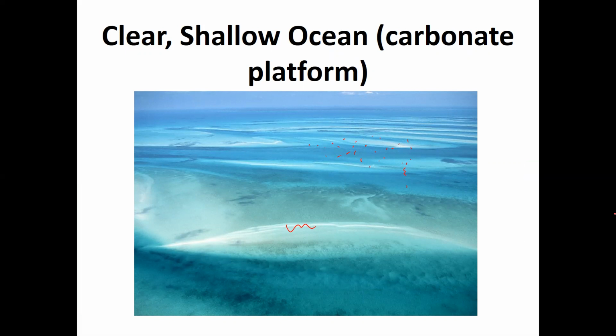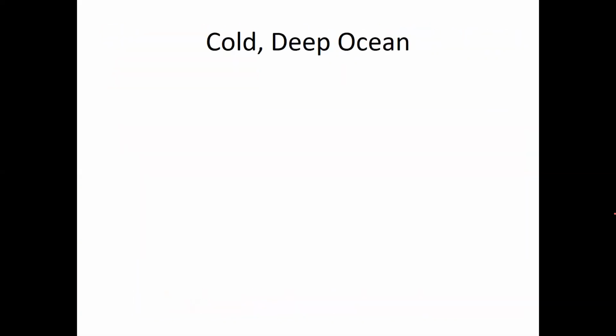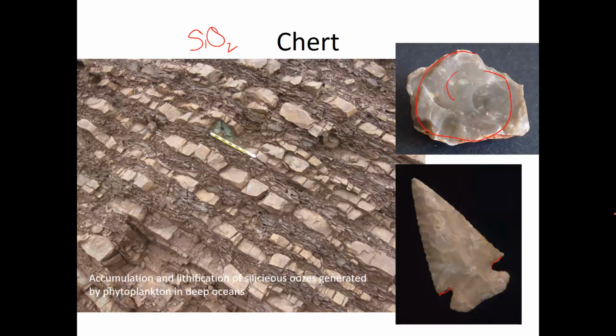It can only accumulate on shallower, warmer seafloors where the water is not as acidic. But in those cold, deep seafloors, the siliceous ooze, which doesn't dissolve as easily, accumulates and dominates. So that's why we find chert forms in cold or deep or polar seafloors, and limestone forms on relatively shallow seafloors.